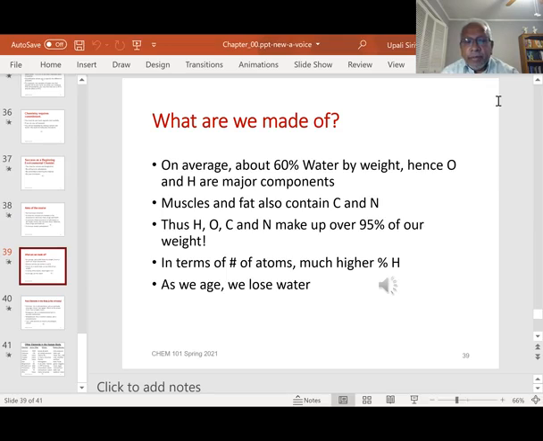Thus, hydrogen, carbon, oxygen, and nitrogen make up more than 90% of our weight, including water. In terms of number of atoms, we have a much higher hydrogen percentage. And we also lose water as we age. So keep drinking more water, it may keep you younger, probably.